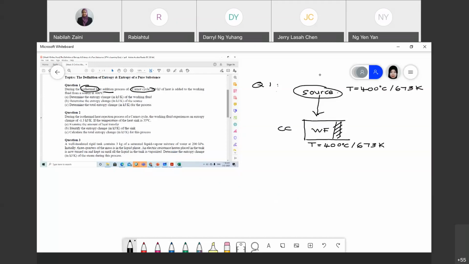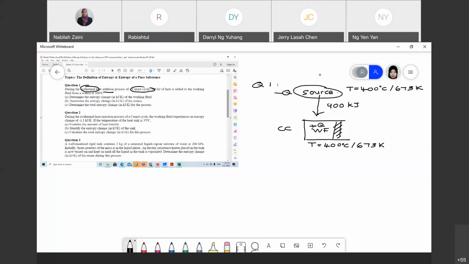Heat added means heat is transferred from the source to the working fluid, 900 kilojoule. For Q source it is negative because heat is removed from the source, and at the working fluid it is positive because it is receiving heat.